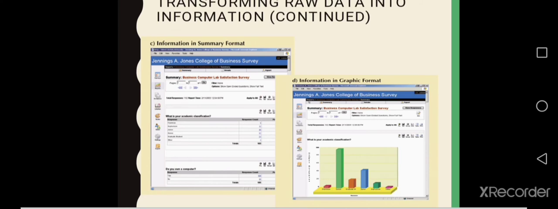On the third picture, there is now information in a summary format. And the last is the information in a graphic format. If we transform the data into information and see a chart, it is easier for us to interpret the data. Graphics are much easier to understand than the usual text.